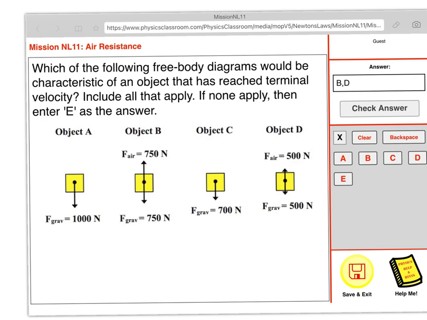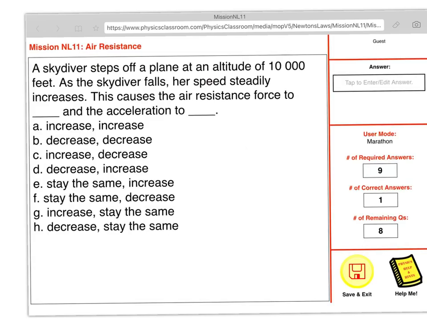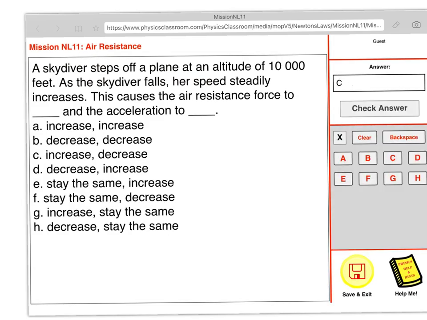So object B and object D fit that description. Increasing speed means increasing air resistance, and increasing air resistance means that the net force gets smaller and smaller, so the acceleration decreases. So increase, decrease.